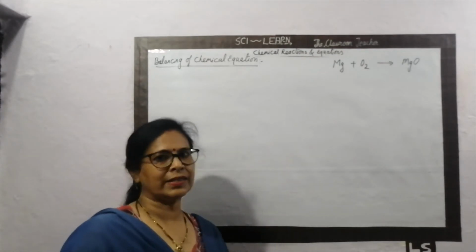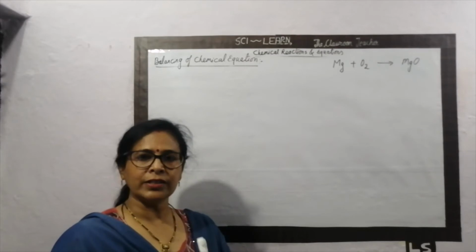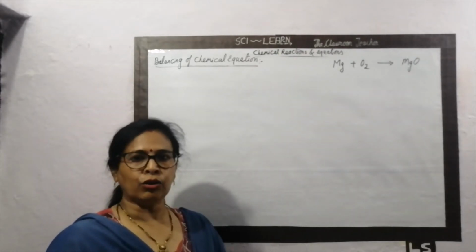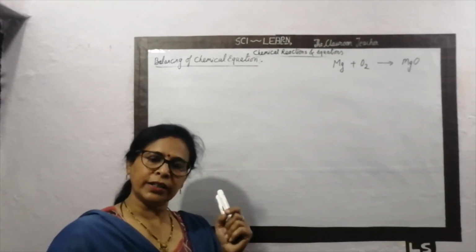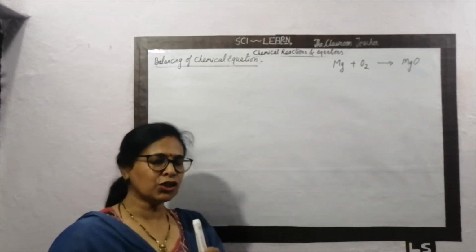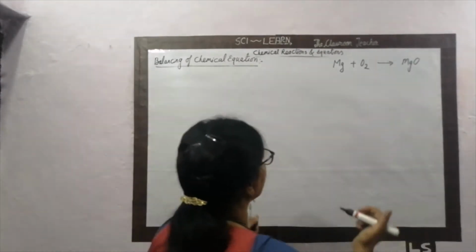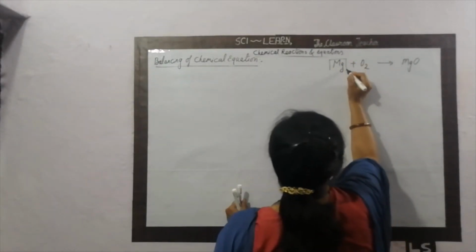We have to balance this equation. So what are the various steps of balancing? The first step of balancing is to draw boxes around each formula, and you must ensure that you are unable to change anything inside the box. I am going to draw the boxes like this.